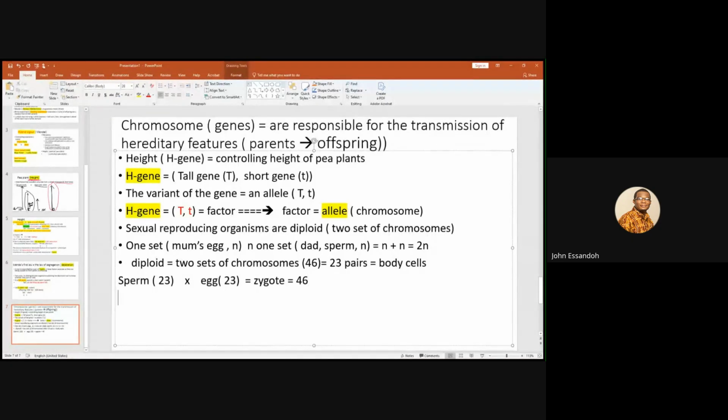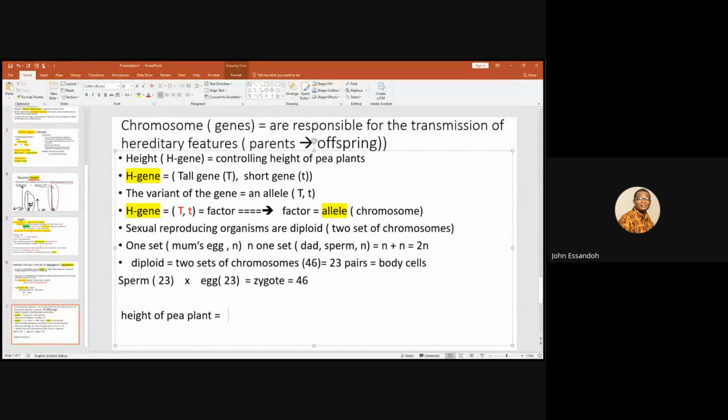Now let's see what diploid means. If you go back to the height example, the height of a pea plant is controlled by diploid chromosomes.